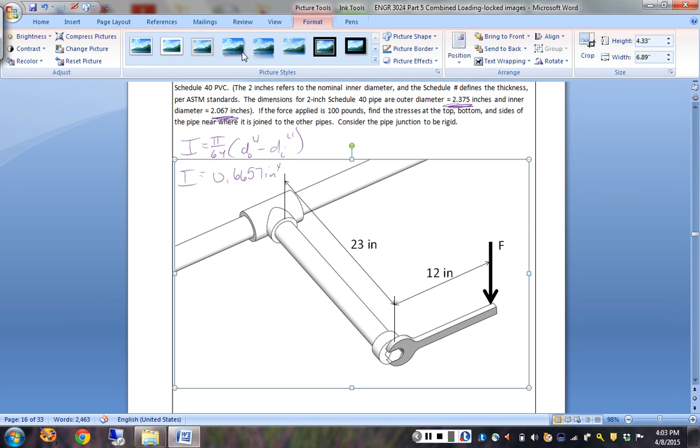And what all is going on? We have one force. What kind of loading does this create in this structure? What all do we have going on? Yeah, shear, because it's a straight linear force.